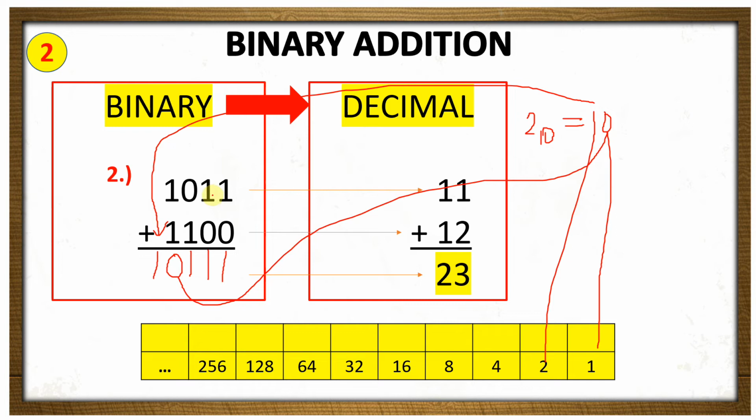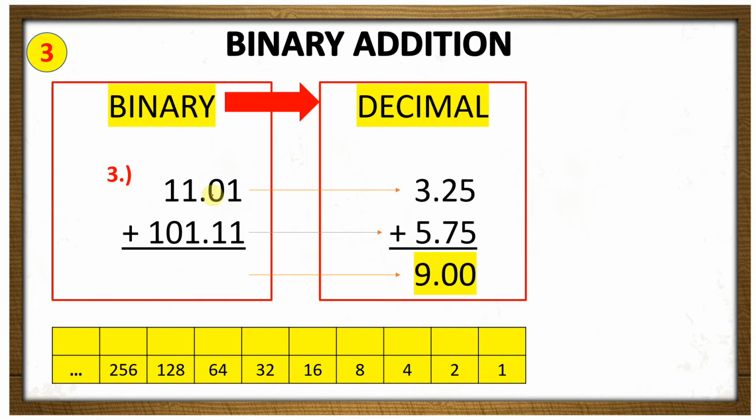Next, number 3. It's the same as adding decimal numbers, you just write the numbers in columns in binary. So 1 plus 1, again, keep in mind that 1 plus 1 is 2 in decimal.